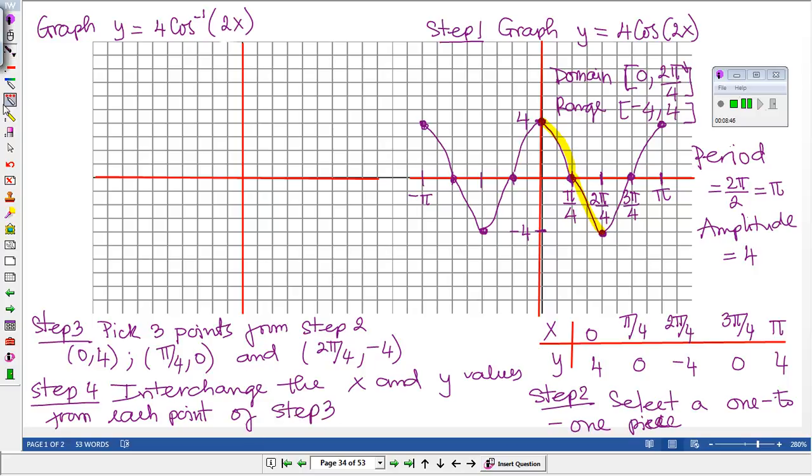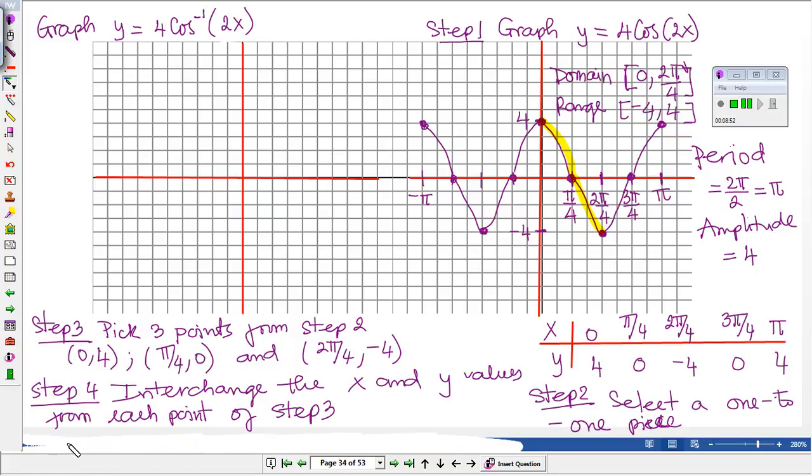Therefore, the first point will be the point 4, 0. The second point will be the point 0, pi over 4. And the third point will be negative 4, 2 pi over 4.